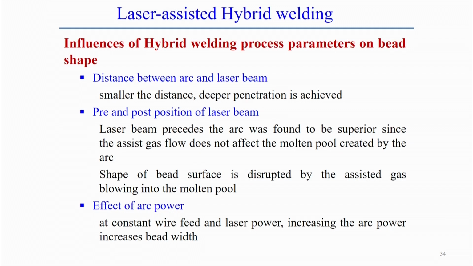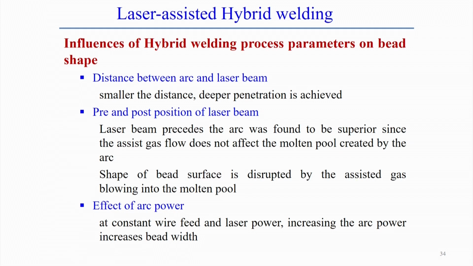And in this case, putting the laser beam in front of the arc is the more preferred way, specifically when we hybridize the process using laser and gas metal arc welding process, because gas flow does not actually affect the molten pool created by the arc, but the shape of the bead surface is basically disrupted by the gas blowing into the molten pool.